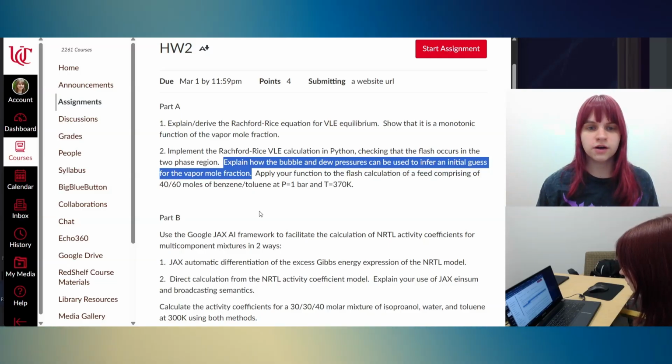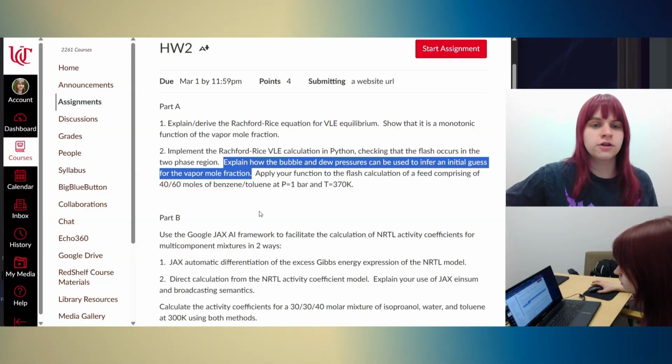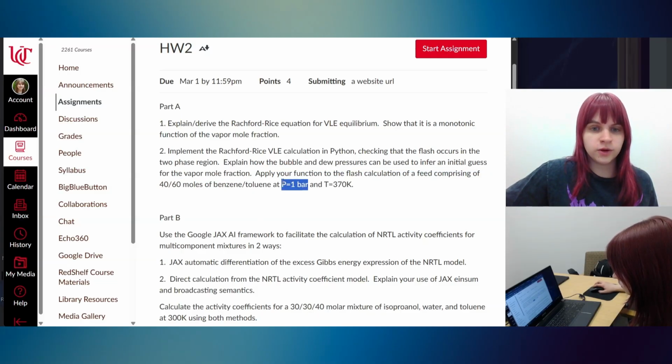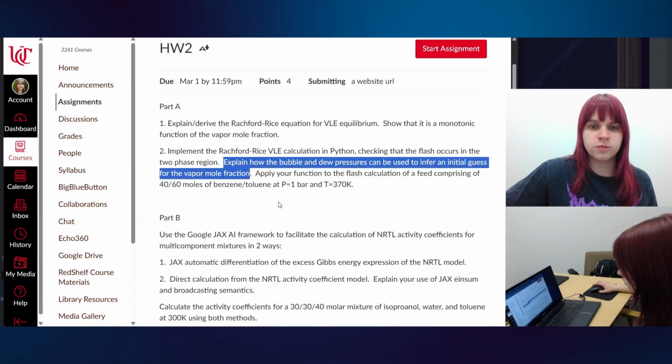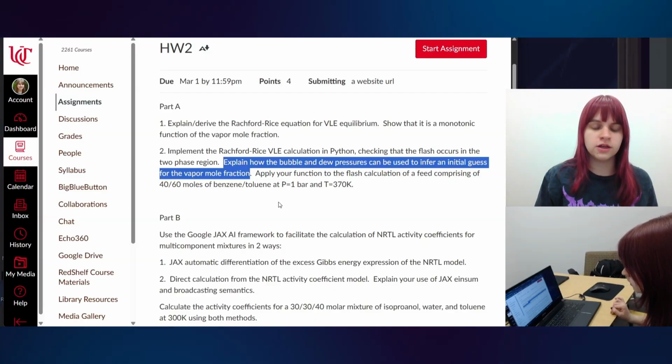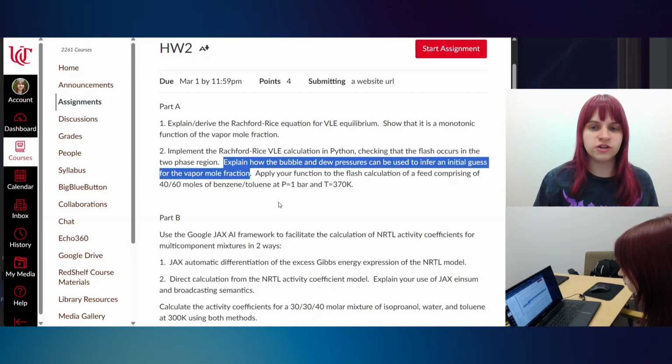And if our system pressure, for example 1 bar, which we'll be doing later, is between the bubble and dew pressures for our system, then we are going to be in the two-phase region.